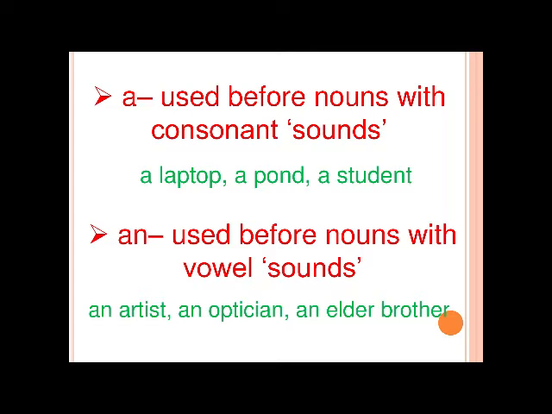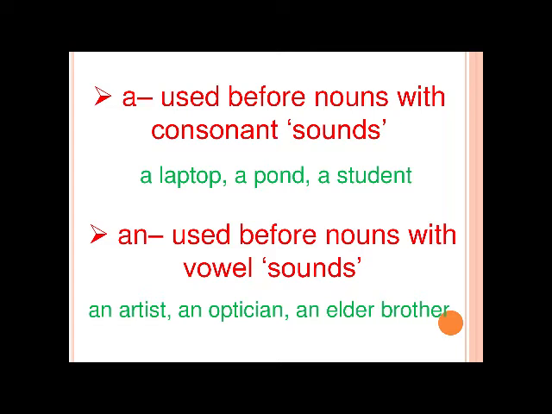I'm talking about consonant sounds or vowel sounds. Look at the examples: a laptop, a pawn, a student. Now here, laptop has la, pawn has pa, and student has sta. Now these are not vowel sounds, okay? So that's why we have used a before them.